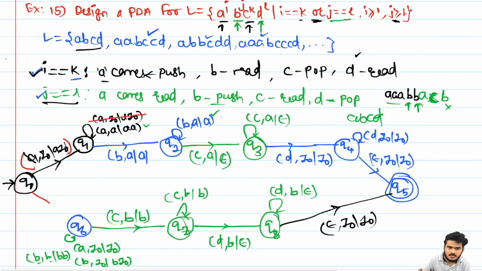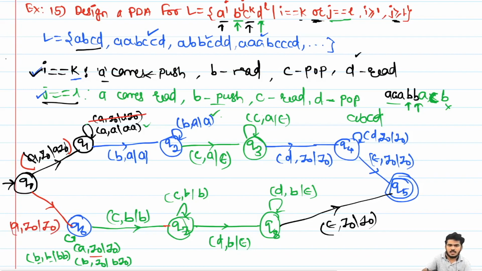Similarly, I have to follow this way and come across the solution for when j is equal to l. For this, whenever A occurs, I have to just read that A. So A on Z0, the top of the stack is Z0, I have to keep that Z0 as it is.